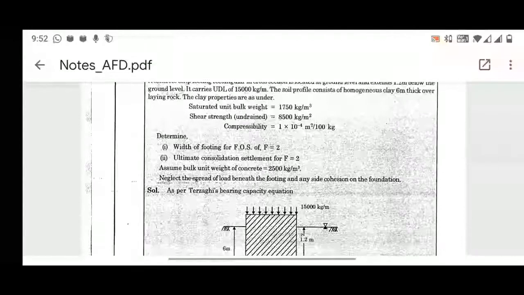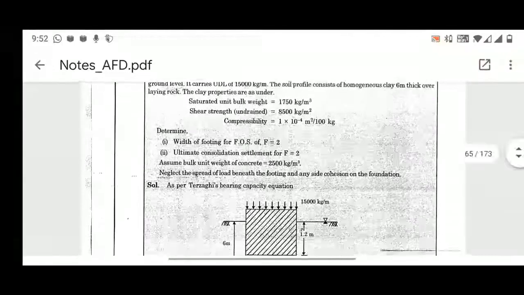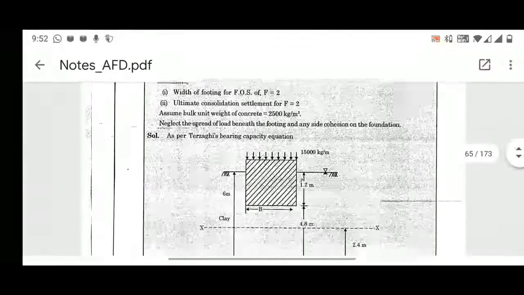Now what you have to determine is the width of footing. They have provided a factor of safety of 2 for ultimate consolidation settlement, and you have to assume the bulk unit weight of concrete as 25,000 kg per meter cube, and neglect the spread of load beneath the footing on any side and cohesion on the foundation.